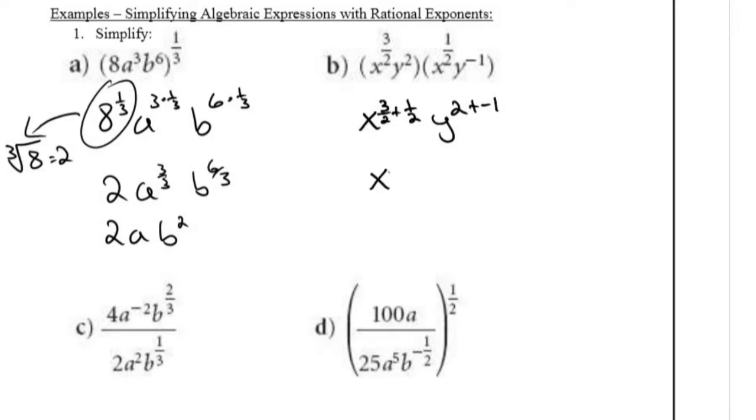Three over 2 plus 1 over 2 is going to be 4 over 2. 2 plus negative 1, I guess I could put that in brackets. 2 minus 1 is 1. X to the 4 over 2, 4 divided by 2. I don't have to write in the exponent 1, so I could just leave it like that.